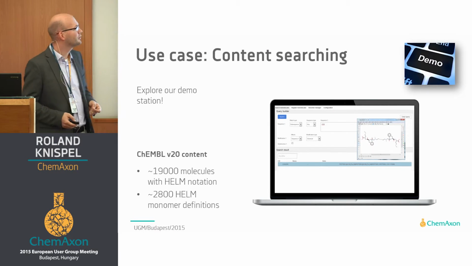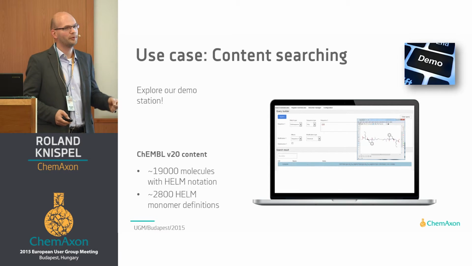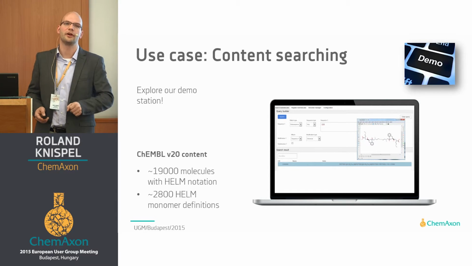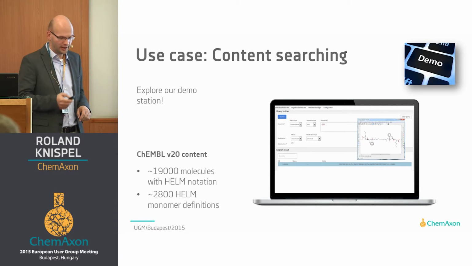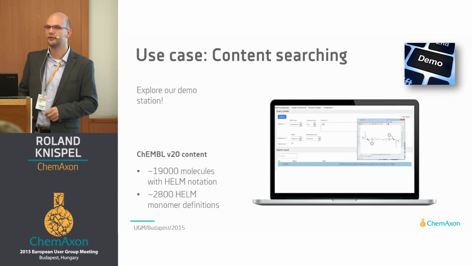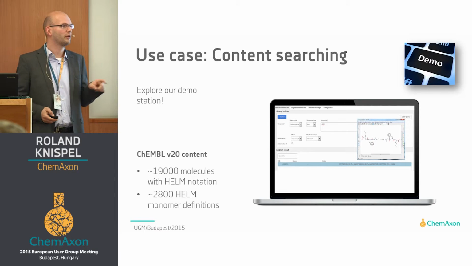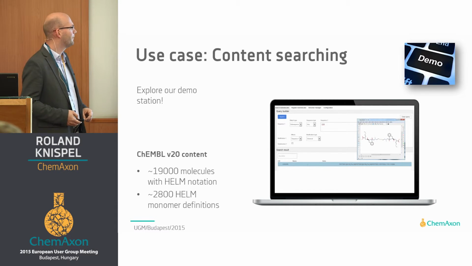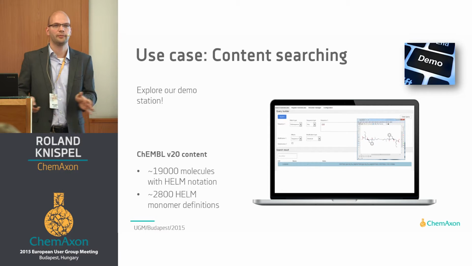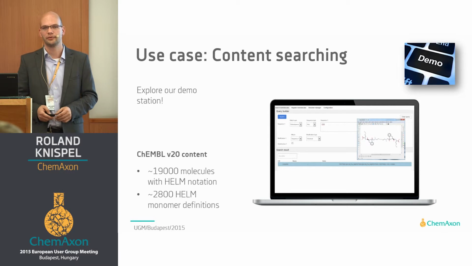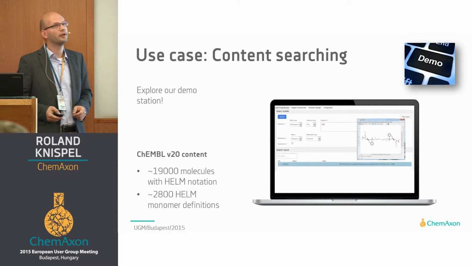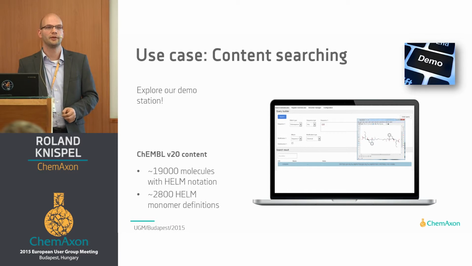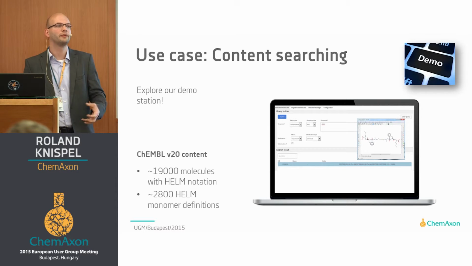Another thing which I can demo to you, however, is not out there on our demo station. You'll have to come and find me, because I have it on my laptop only. Campbell recently has released, I think George is here somewhere in the audience, he's over there, they have migrated most of their biotherapeutic, biopeptide content into this new HELM format. And I thought, okay, how can we make a meaningful demo out of this?